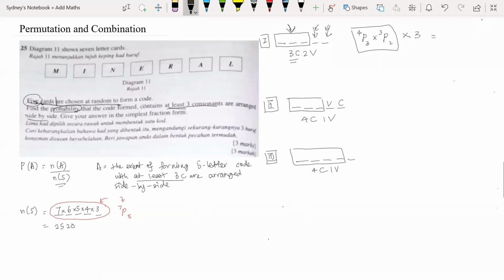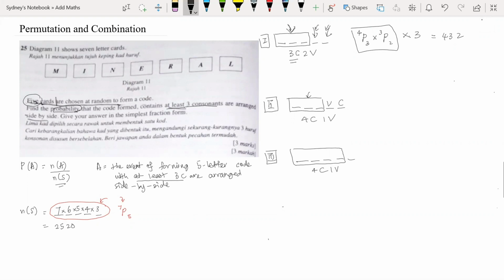If you use the calculator, you will get 432. So we have 4P3 times 3P2, and then times 3. Yes, 432.